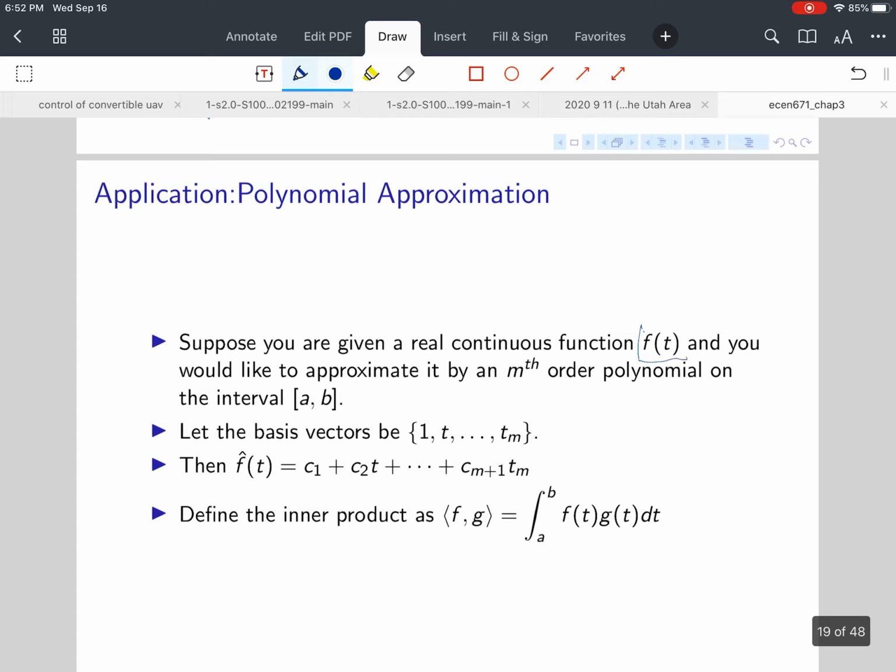Suppose that you're given a real function f. You have some function and you want to approximate it by an mth order polynomial on the interval 0 to 1. So you take your basis vectors, these are going to be your P1, P2, up to Pm.